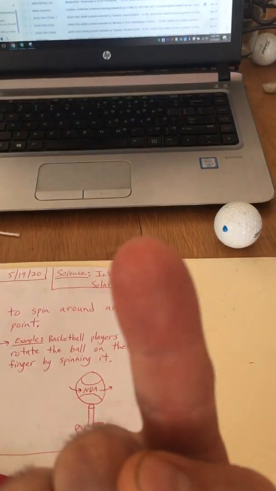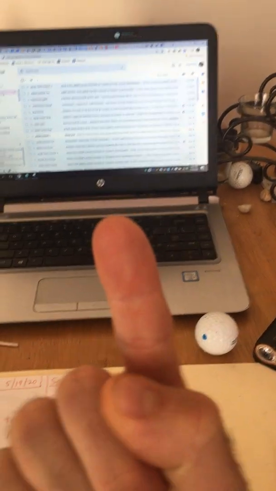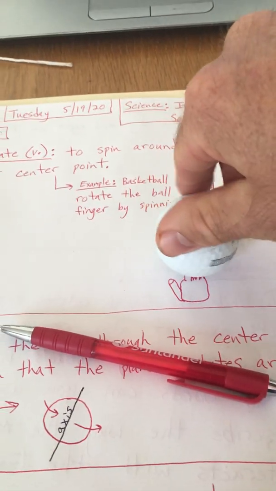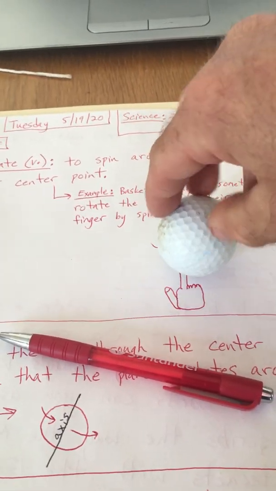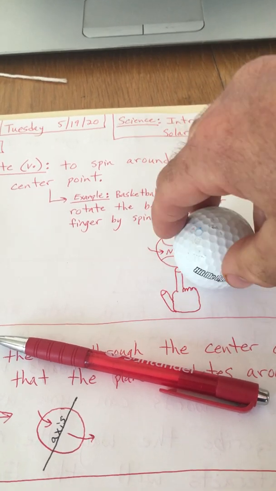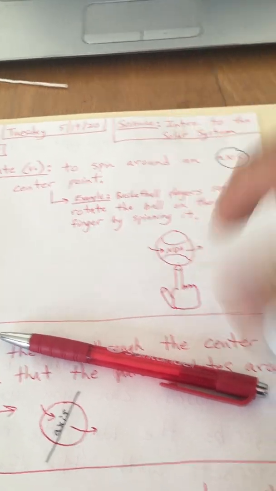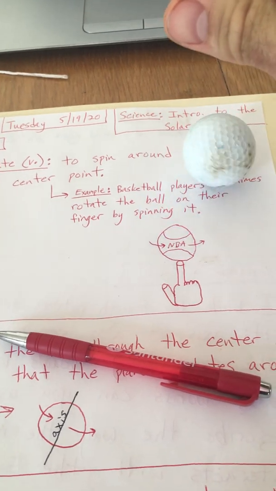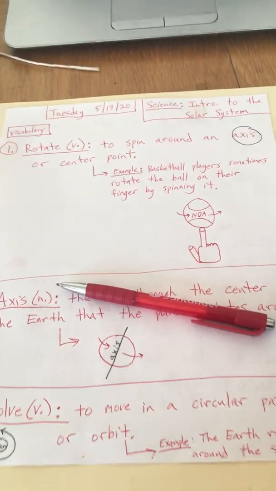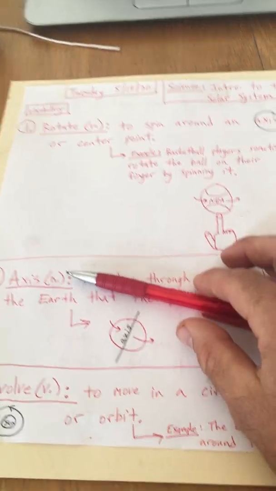If you've ever seen a basketball player hold their finger like this and spin the basketball on it, that basketball is rotating around. So this golf ball here, if it is spinning this way, it is rotating like that. That is rotating. Okay? So to rotate is to spin around an axis or center point.